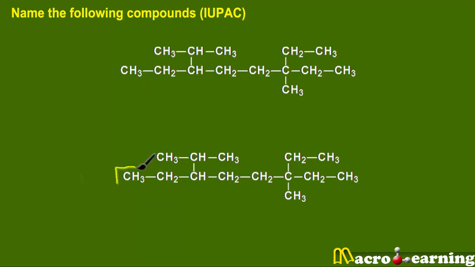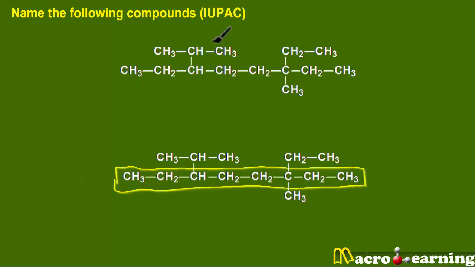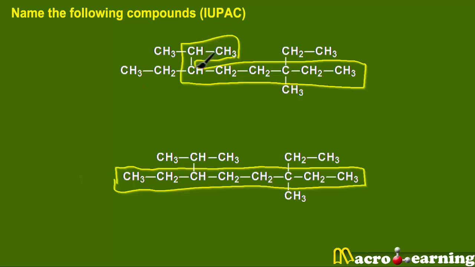It will be tempting to have the main chain as this, but it could also be this. So in both cases, it's octane because it's an 8 carbon main chain.